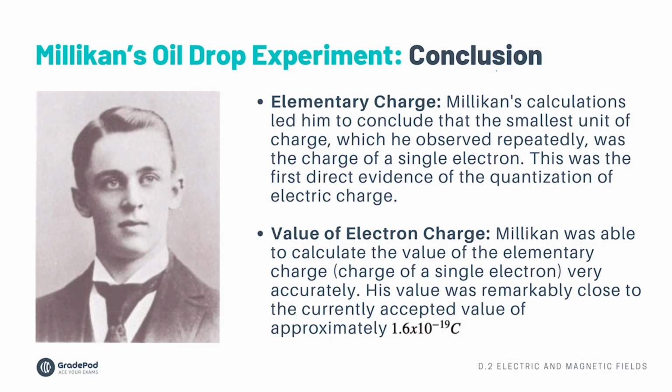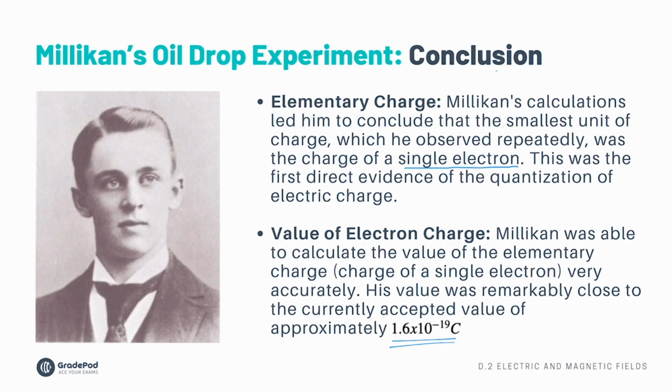He came to the conclusion that the smallest unit of charge, which he observed repeatedly, was the charge of a single electron. And this was the first direct evidence of quantization of electric charge. It's his experiment that allowed us to say, okay, all charge is made up of electrons and protons, and also the charge on an electron and a proton is 1.6 times 10 to the minus 19 coulombs.